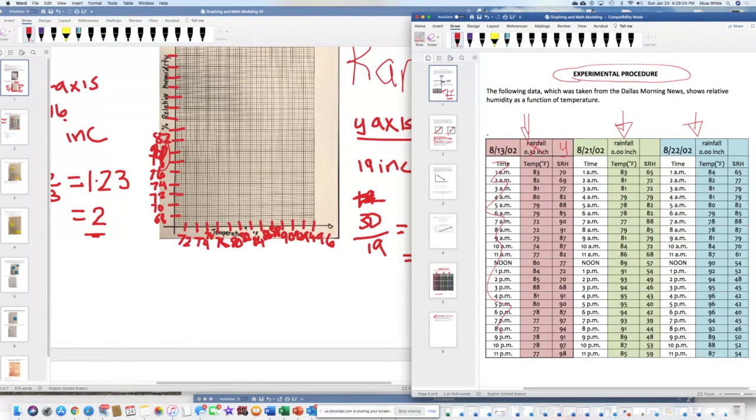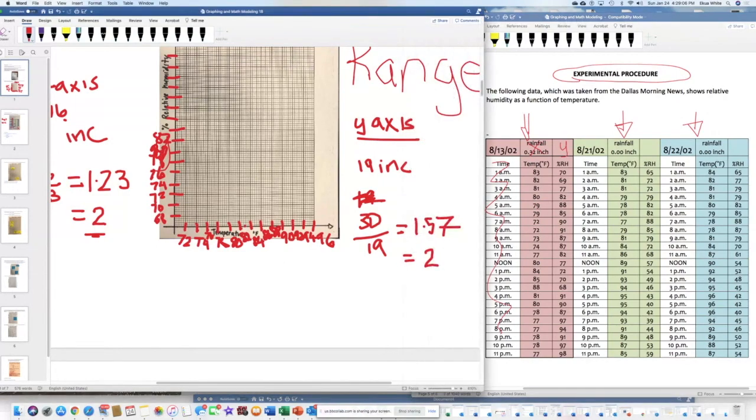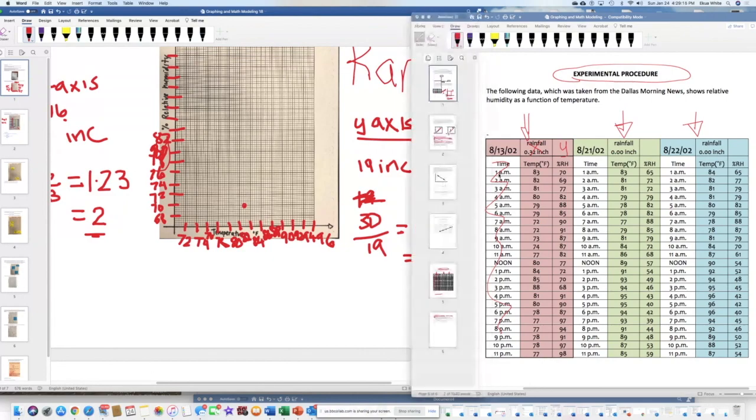That means 83 is somewhere in between here, right? 83 is somewhere here. And that goes with 70 on the y-axis. So I go up here, 70, first point. This is done. Can mark that off. 82, 69. Line 82. 69 is halfway here.